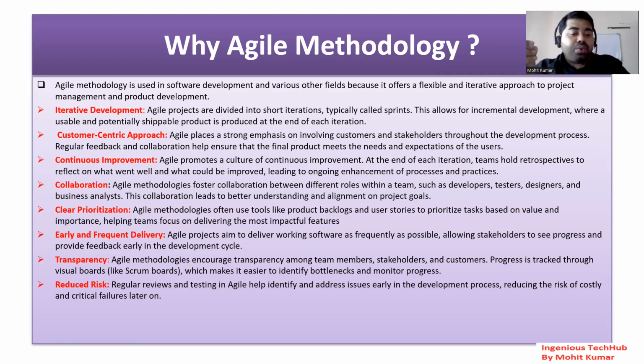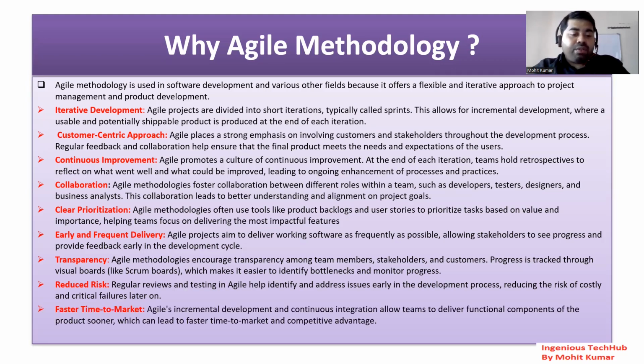Regular review and testing in agile help to identify and address issues early in the development process, reducing the risk of costly and critical failure later on. Okay, so this is the beauty of agile.